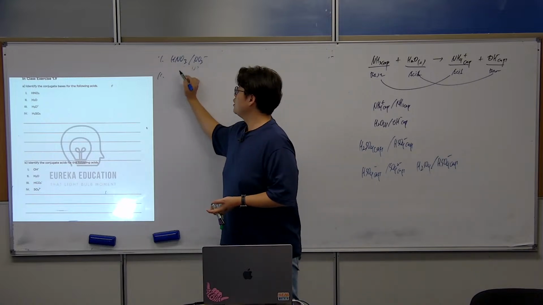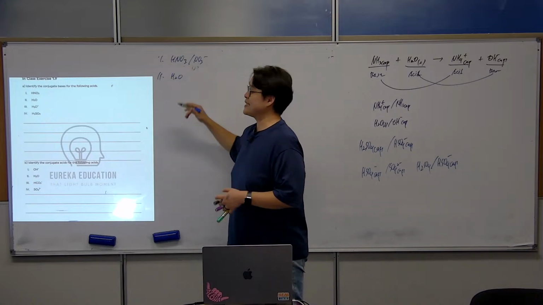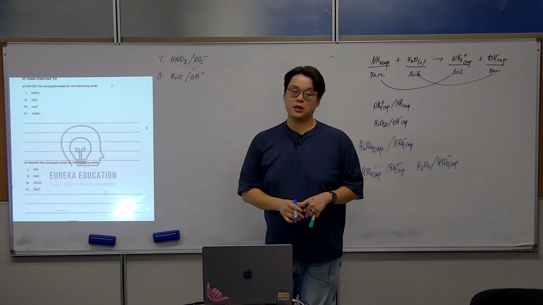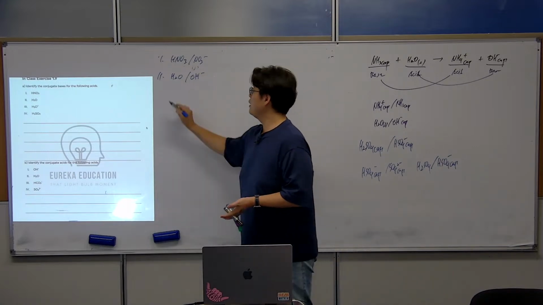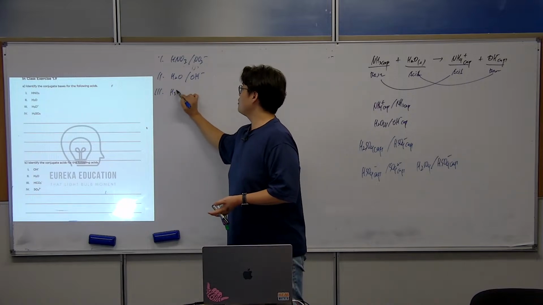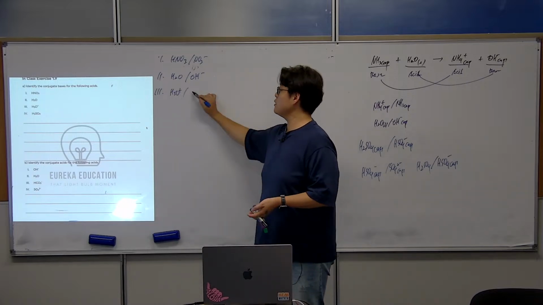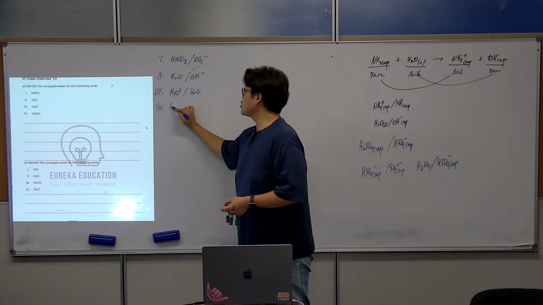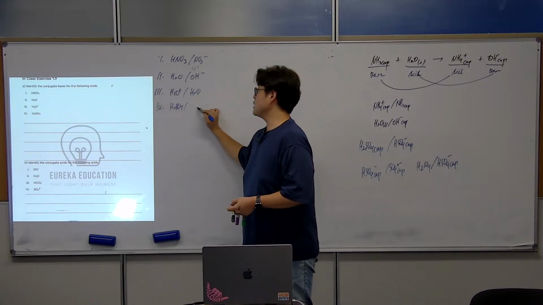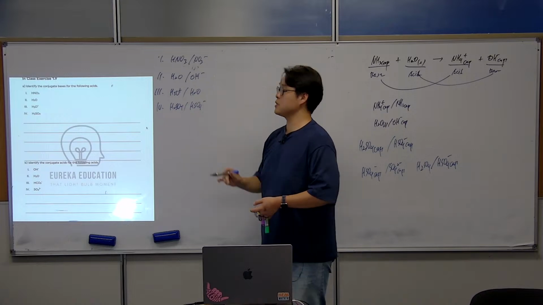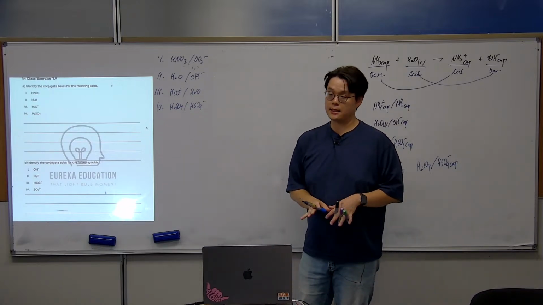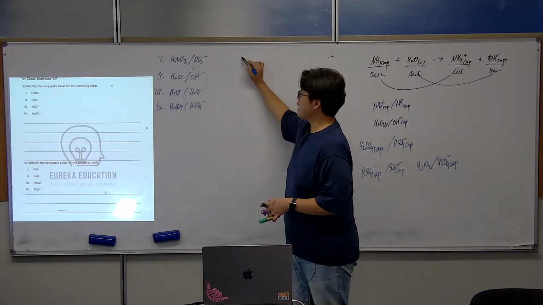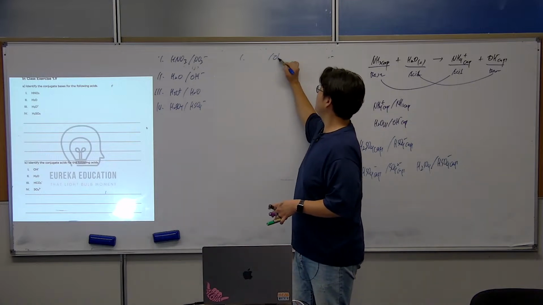Okay. 2, if you have water working as an acid this time, this means OH minus, one less hydrogen ion, would be your conjugate base. 3, H3O plus working as an acid, obviously, then H2O is your conjugate base. 4, H2SO4 working as an acid, this means HSO4 minus is your conjugate base. Easy as that.